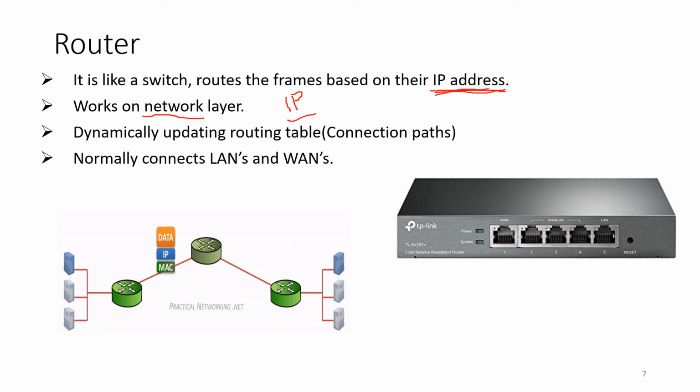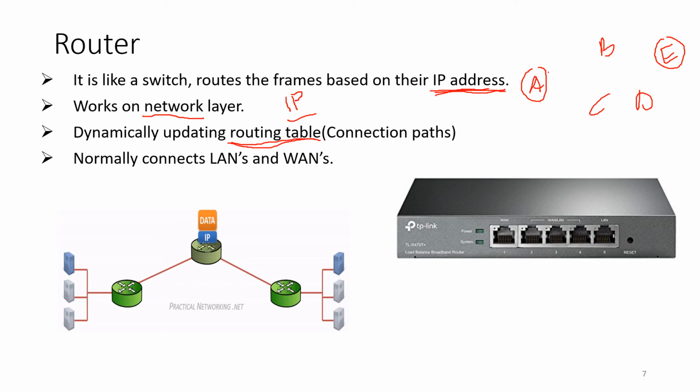The router will have a dynamically updating routing table. Routing tables are nothing but the connection paths. Let's assume we have multiple nodes in the network: A, B, C, D, E. Let's say I want to send some data to E. Which path is faster?